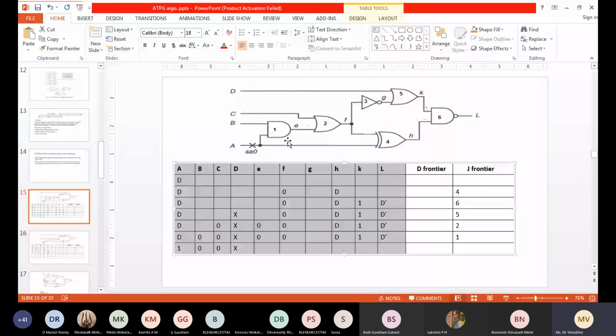So by noting down the D frontier and J frontier gate, they say if you proceed, it will be easier. The person who have identified this Podem algorithm. But what do you people feel? Without J and D, entering the remaining stuff is easier for you, or with the J and D is easier? Tell me.